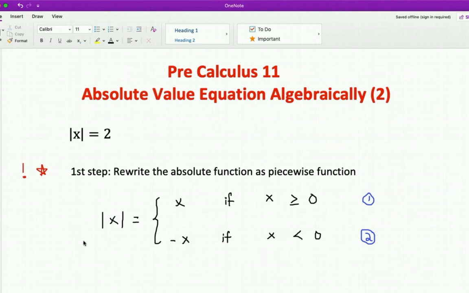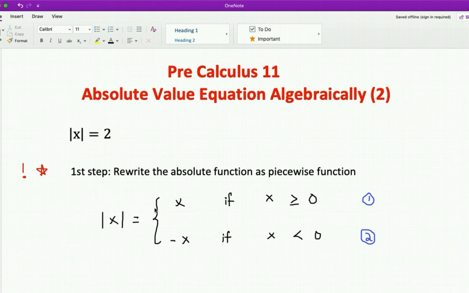So think about x being negative 1, negative 2, negative 3, negative 4, negative 5. You need to put the negative sign here to flip the negative value, and you get a positive result overall. So this is how you come up with your piecewise function.